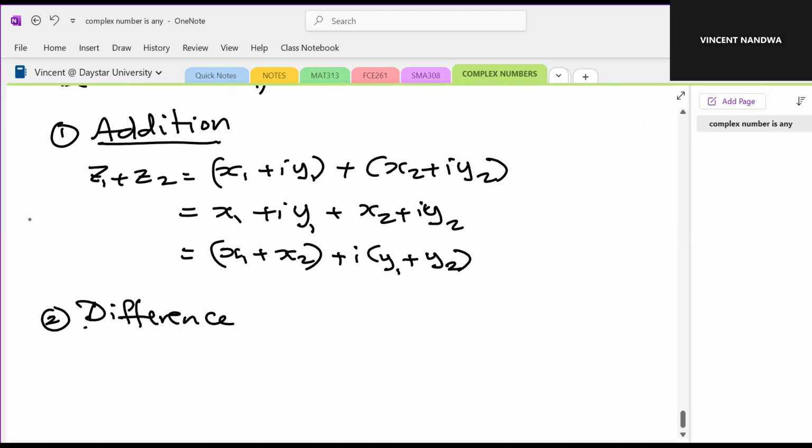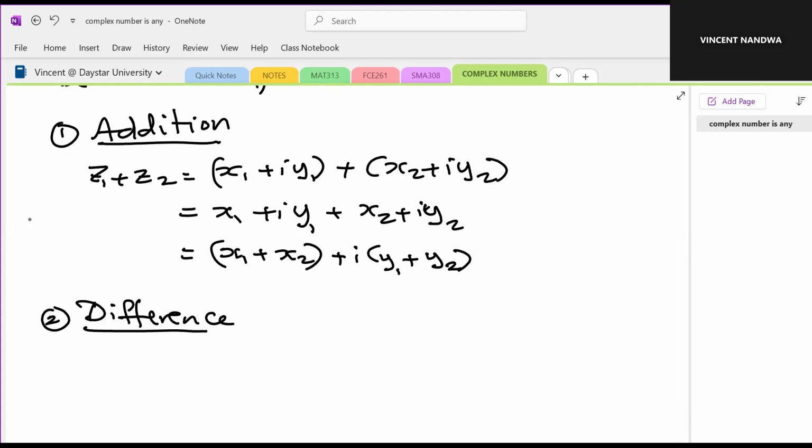So here in summary, from this result, we see that to add two complex numbers is as good as just adding their real parts and then also adding their imaginary parts.